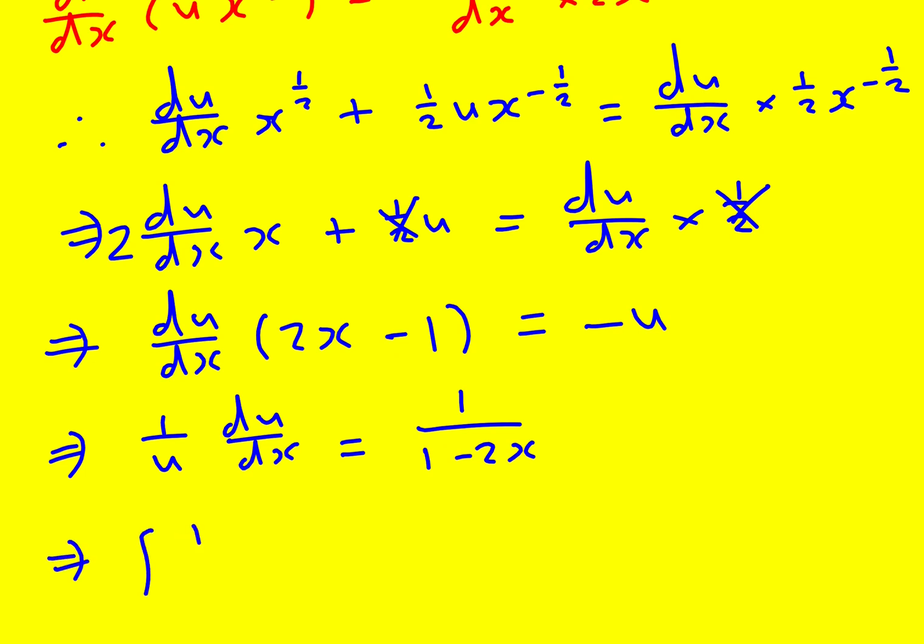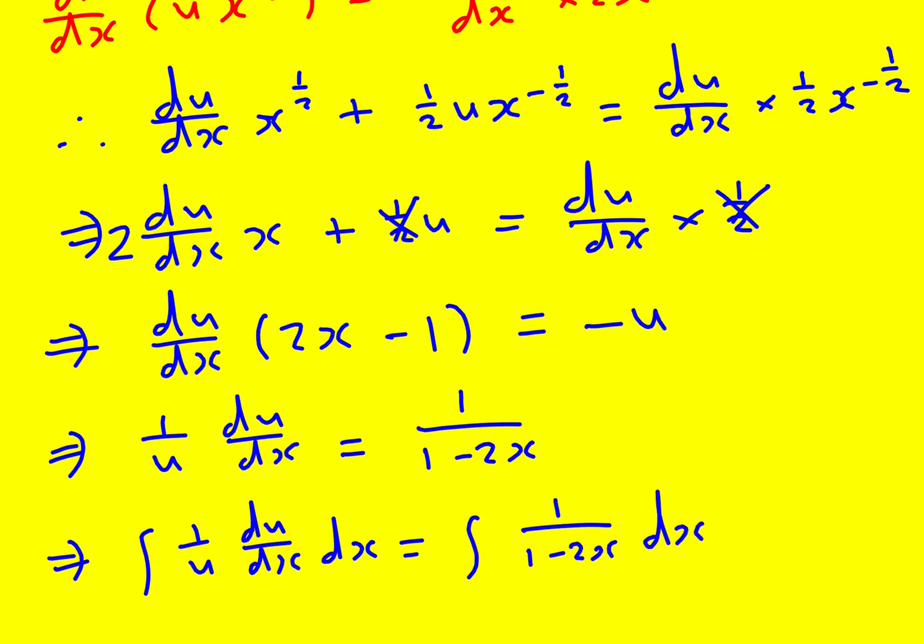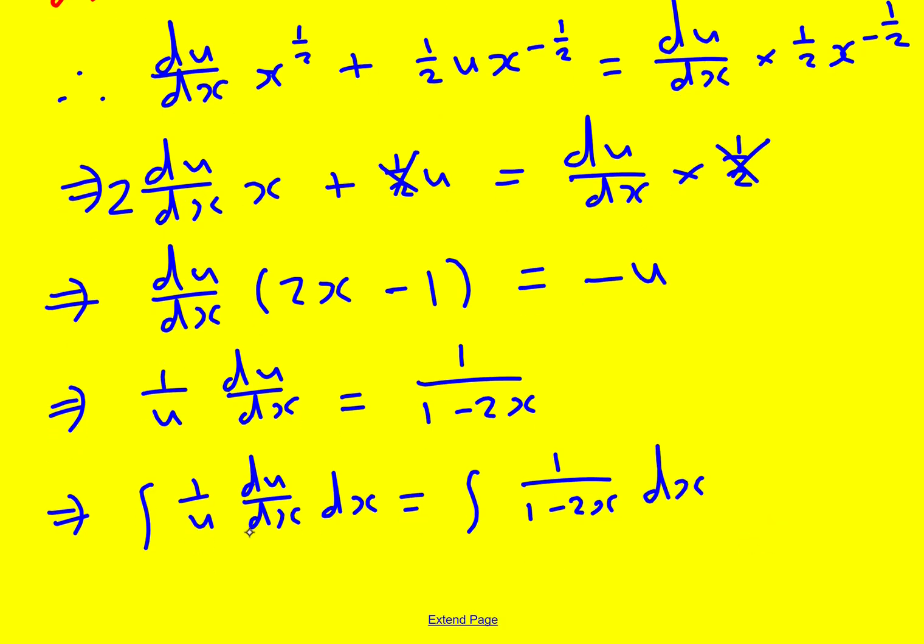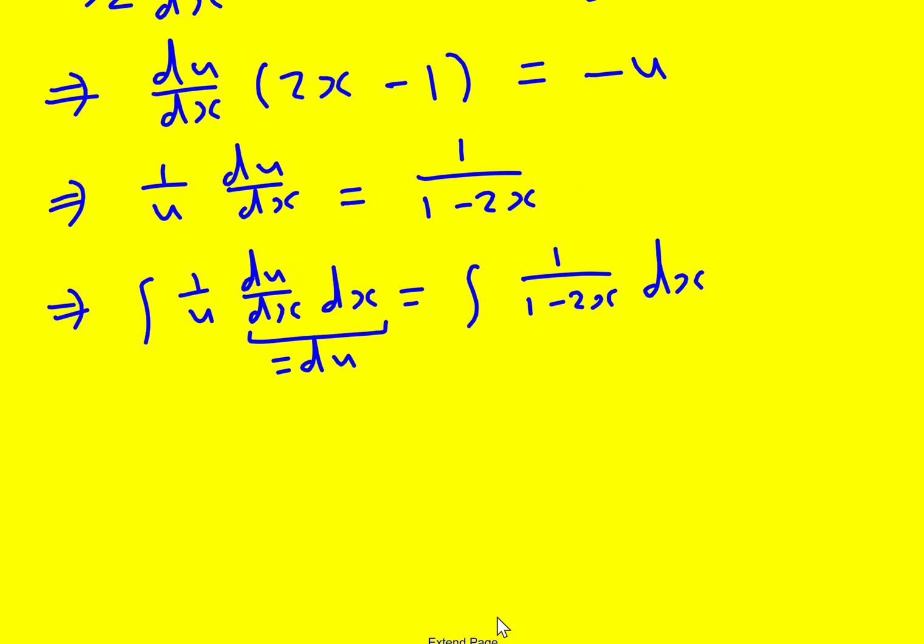If I integrate now with respect to x, by the chain rule, this is actually the same as du. And when we integrate 1 over u with respect to u, we're going to get ln u, technically in a modulus.